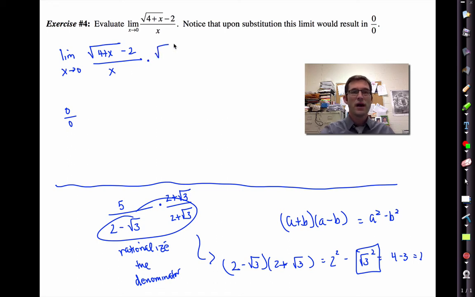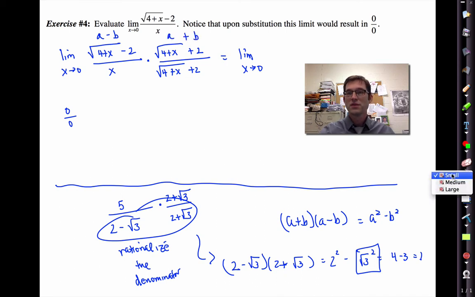Now, what I'm going to do is multiply by the conjugate of the numerator. All right. Now, we're going to be very, very careful about our parentheses use here. But really, we have an a minus b times an a plus b scenario. And let me just do something really quick.